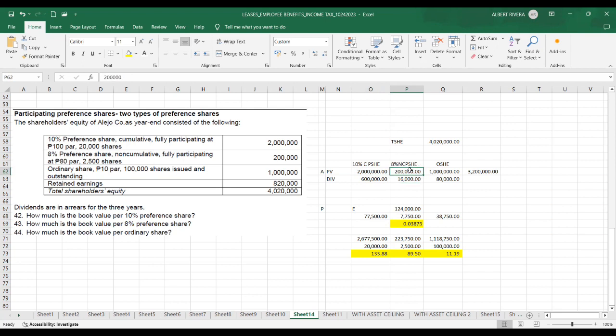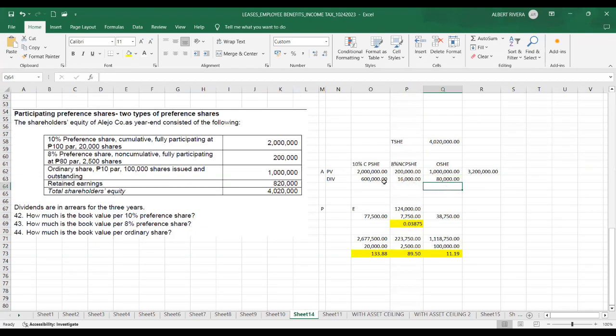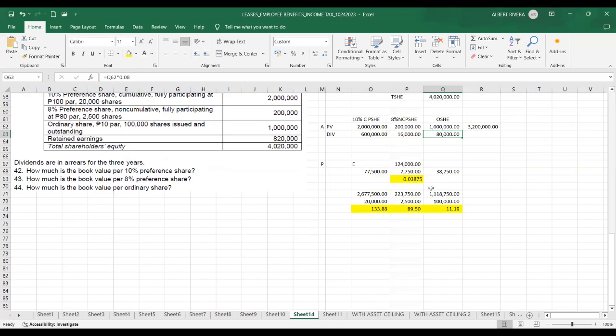So that is 200,000 times 8%, so this is 16,000. And again, as mentioned earlier, if there are several preference shares, you will use the lowest dividend rate related to the given preference shares. And the lower dividend rate here is 8%. So that would be 1 million times 8%. Okay? So the excess is 124,000.